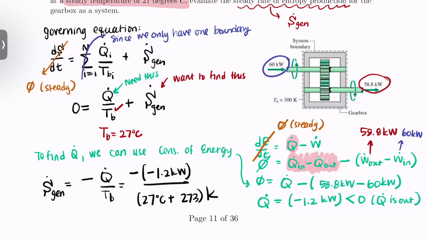That means Kelvin or Rankine. Since we're already in Celsius, we'll just do Kelvin. And we get 4 times 10 to the minus 3 kilowatts per Kelvin, which is greater than 0, which is a good check because S gen dot cannot be less than 0.